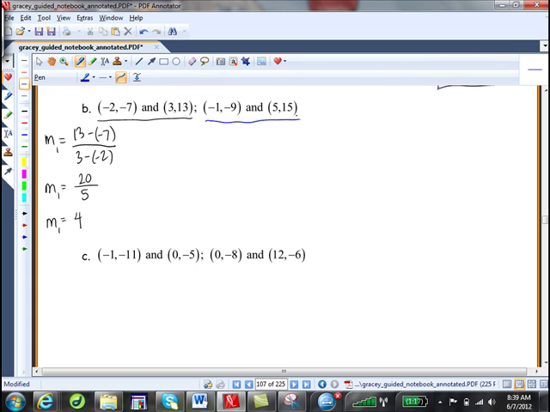This will be the second one. So M2 is 15 minus negative 9 over 5 minus negative 1. M2 equals 24 over 6. M2 equals 4.